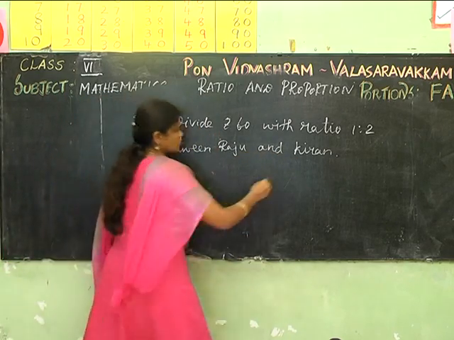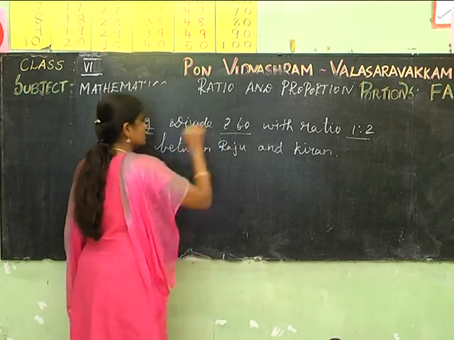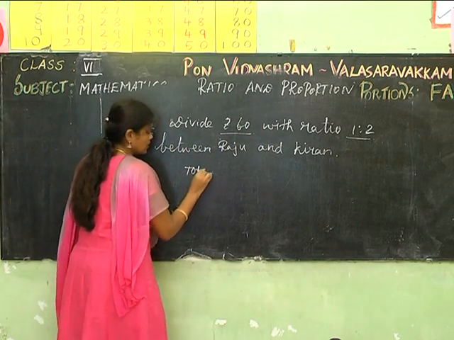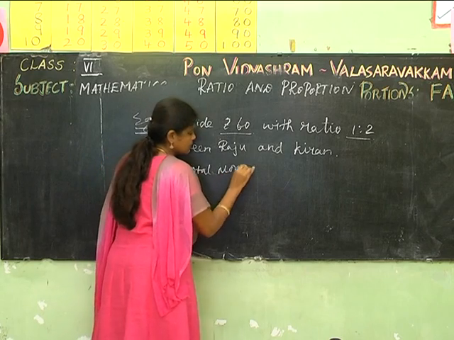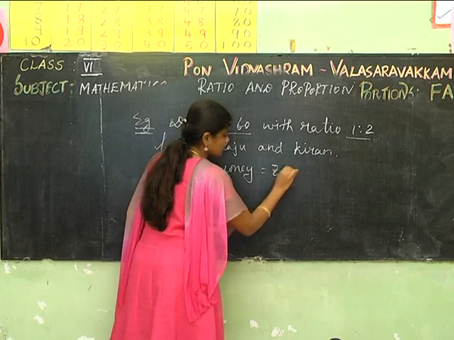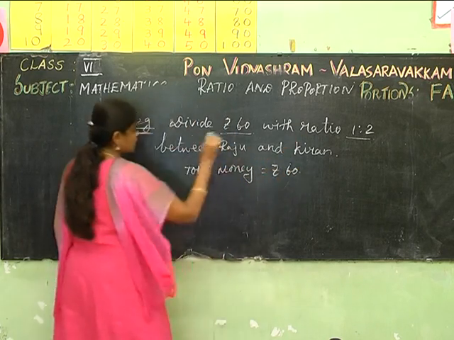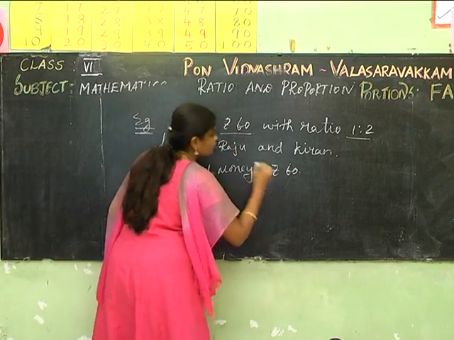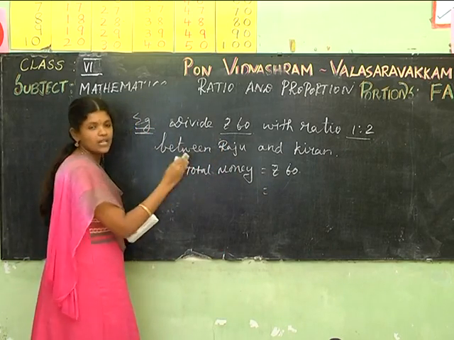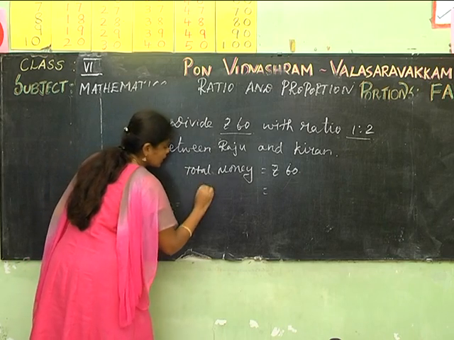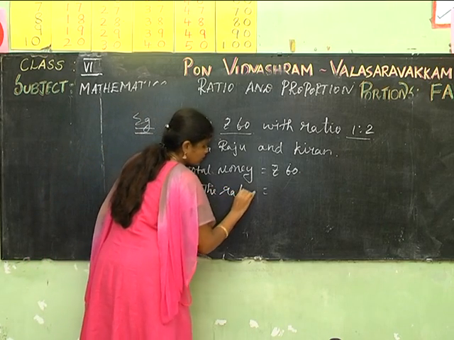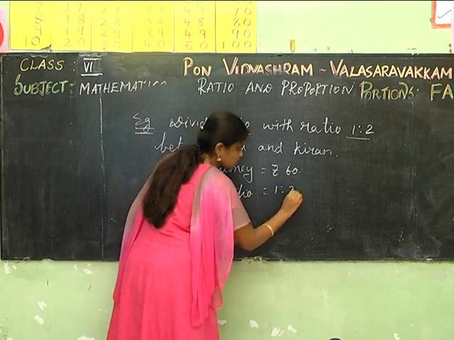Now see the ratio. What is the total amount given here? Total money is equal to, it is given ₹60. Ratio is 1:2.